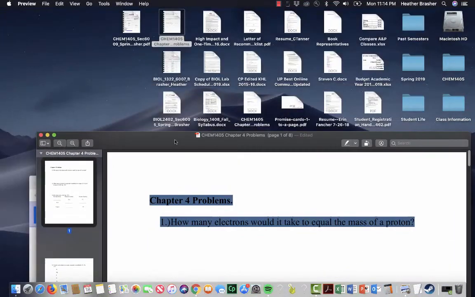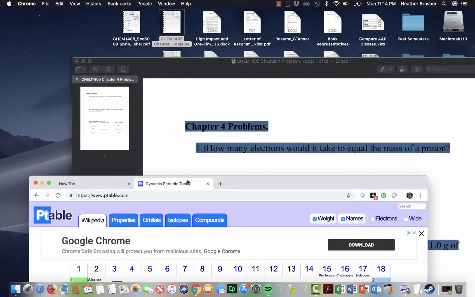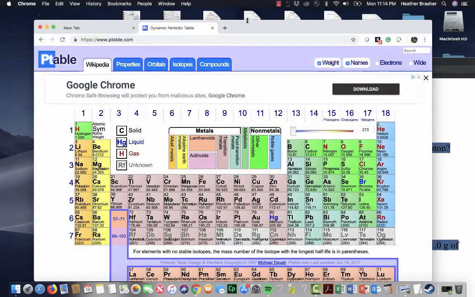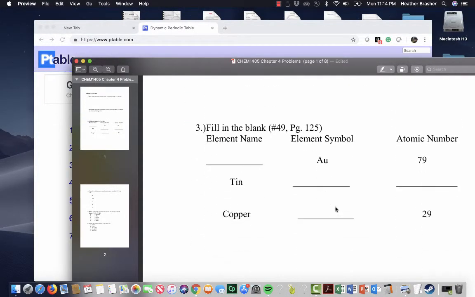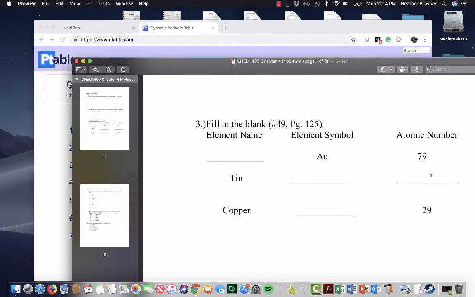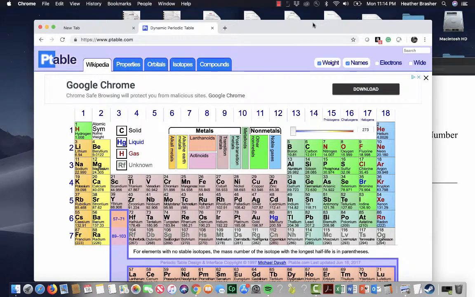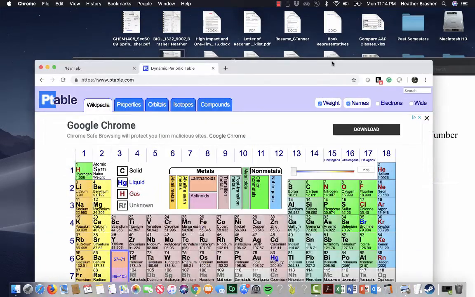Now let's go back to our periodic table so that we can look for tin. Now on here, you'll notice it's not telling me the symbol or the atomic number. This one's a little weird. How you can start trying to figure out where things are is, you know that it's tin, so it's a metal.